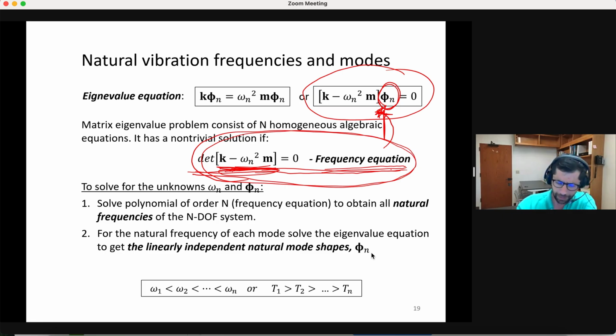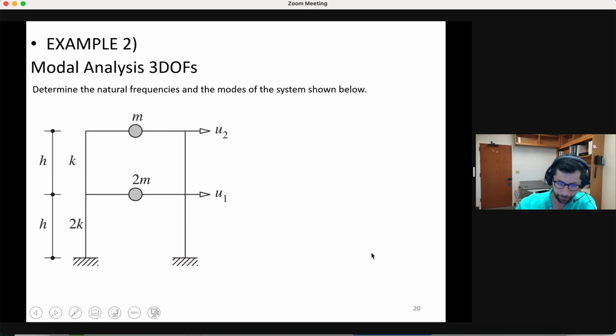So the first step is that of writing this equation for your multi-degree of freedom system, from which you can obtain the frequencies of vibration of the system, and then one at a time, you will plug in that result into this equation to obtain the modes of vibration. We will see how to perform this operation in a minute, okay?